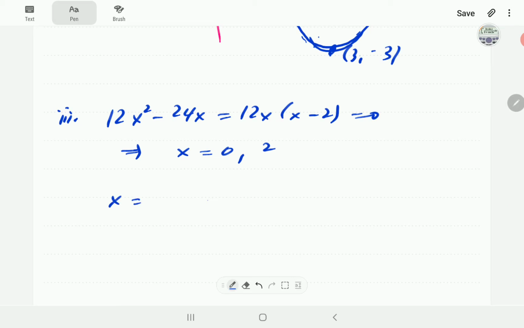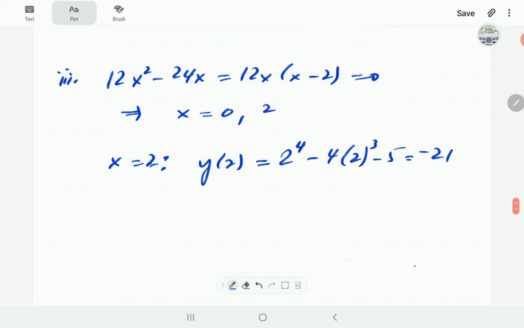So it's just the one at x equals 2 that we need to focus on now. When x equals 2, we have 2 to the power 4 minus 4 times 2 cubed minus 5. This gives us negative 21. So (2, -21) is an inflection point.